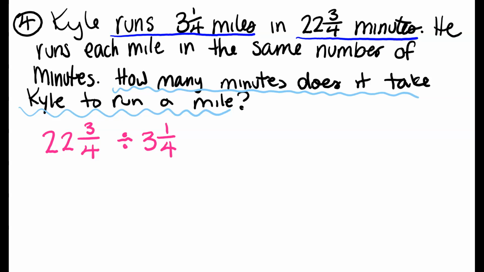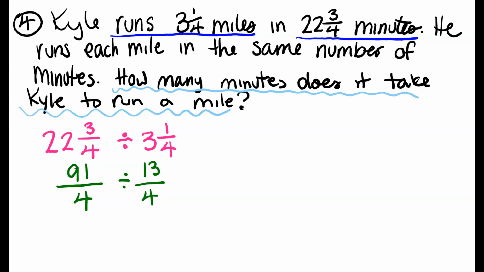And I do. 22 3/4 is the same as saying 22 groups of 4, or 22 times 4, which is 88, plus 3, which is 91 over 4, divided by 3 1/4, which is the same as saying 3 groups of 4, or 3 times 4, which is 12, plus 1, which is 13 over 4. And then I can start my problem.